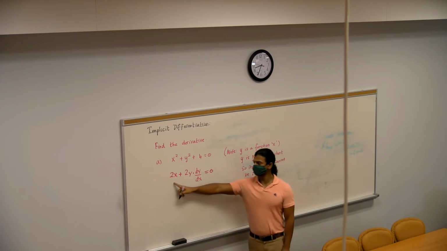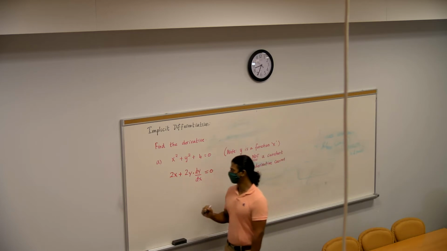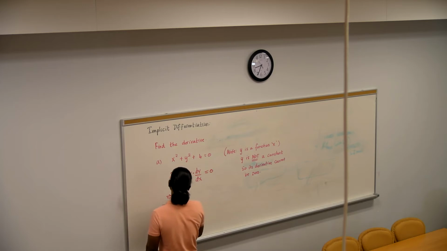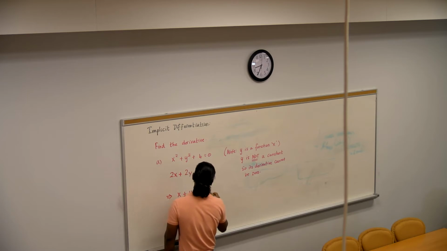We have a 2 there, we have a 2 there. Divide by 2 on both sides, which would give us x plus y dy over dx equals 0.